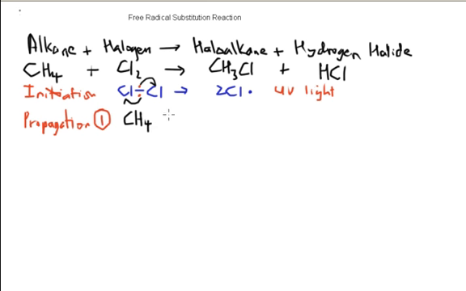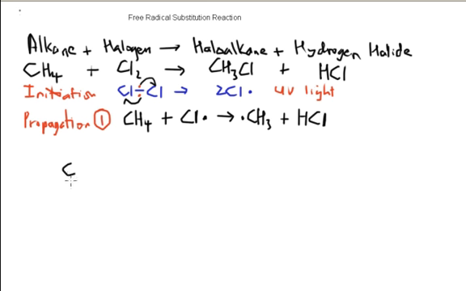The methane, CH4, reacts with the chlorine free radical, and the chlorine free radical removes one of the hydrogens. So we make methyl free radical. That denotes the electron is next to the carbon, and we get HCl as a byproduct.